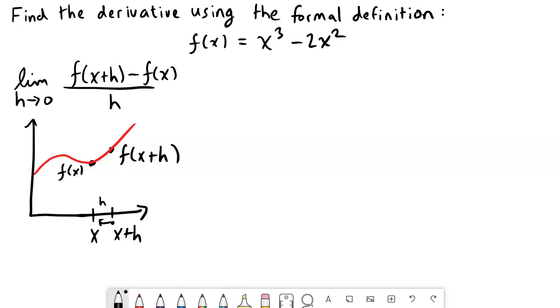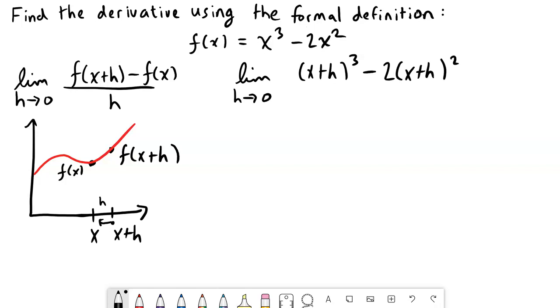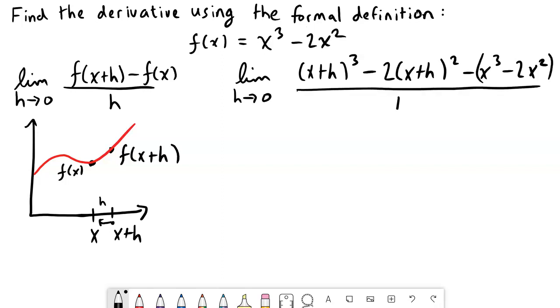So now we have to plug this function into the definition. So it's the limit as h approaches 0 of, and this is where we see that we have to do a lot of work, this is the f of x plus h. Now we have to subtract f of x, so it would be minus this, all divided by h.